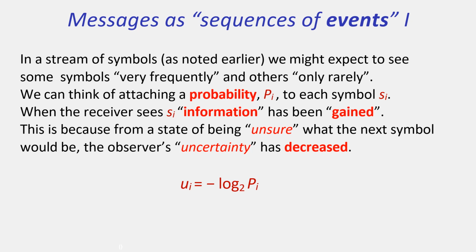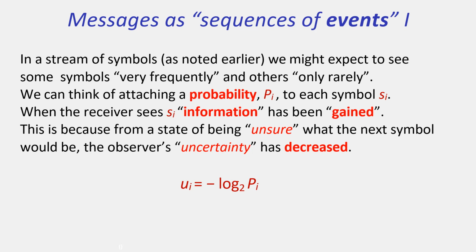So the uncertainty associated with an individual symbol with a particular probability distribution is defined to be minus the logarithm to the base 2 of the probability of that symbol occurring. Now, we're dealing with a probability, so typically probabilities are going to be less than 1.